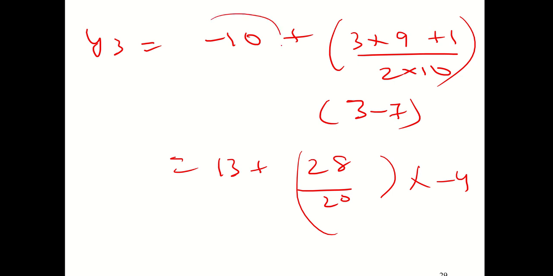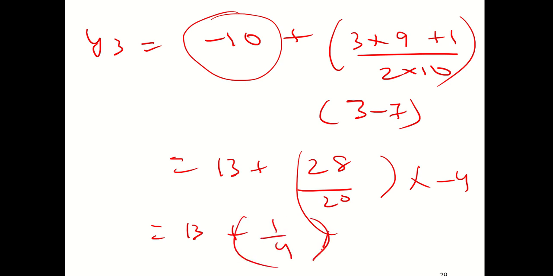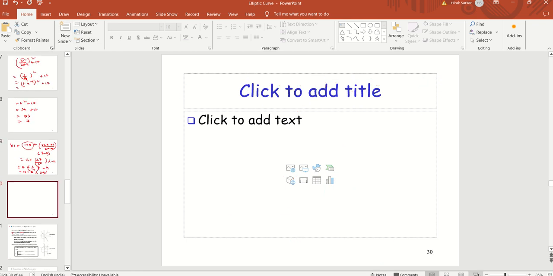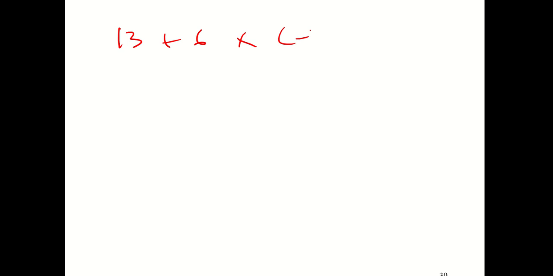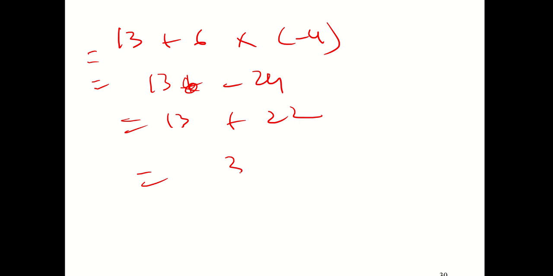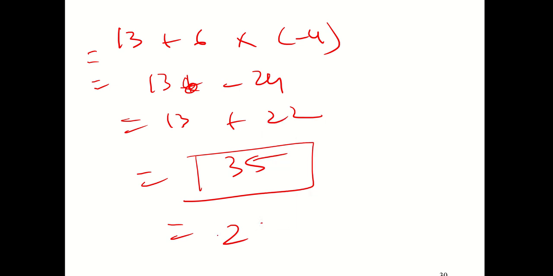Minus 10 in mod 23 is 13. Then 13 plus 1 by 4 into minus 4, so 13 plus 6 into minus 4, which gives 13 minus 24. 24 in mod 23 is 22, so 13 plus 22 is 35. And 35 in mod 23 is 12.